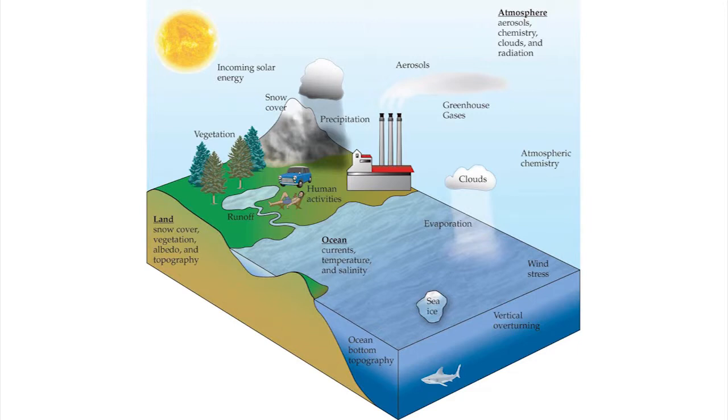First, GCMs divide the planet into a minimum of 2 compartments, atmosphere and oceans. Many GCMs also treat sea ice and land separately. Each compartment has its own model that characterizes processes intrinsic to the compartment and transfers of material and energy with other compartments.